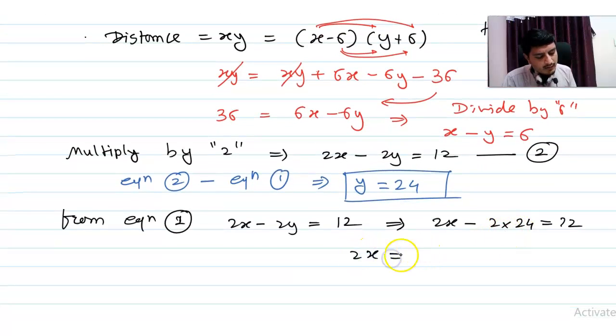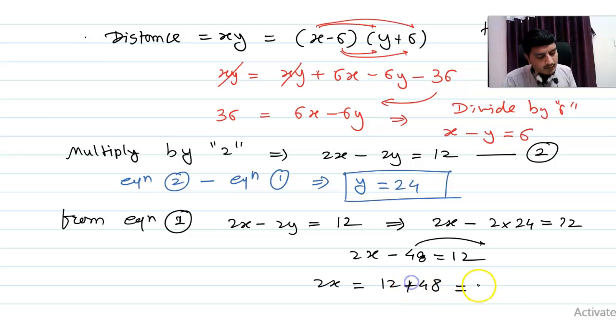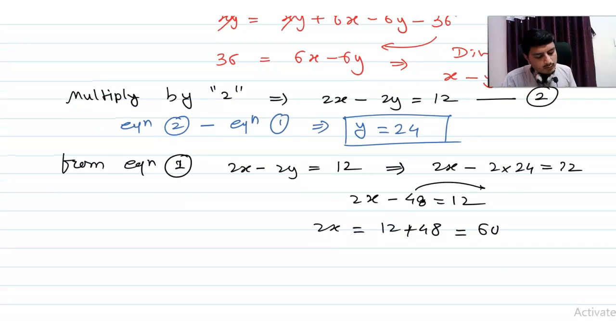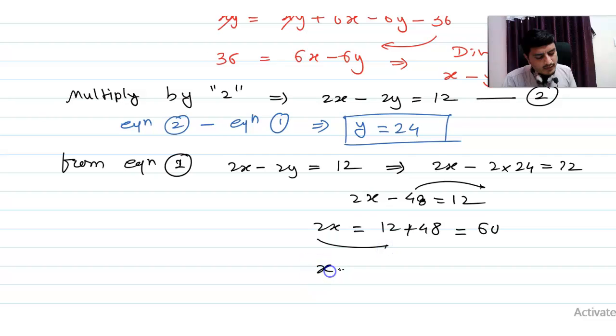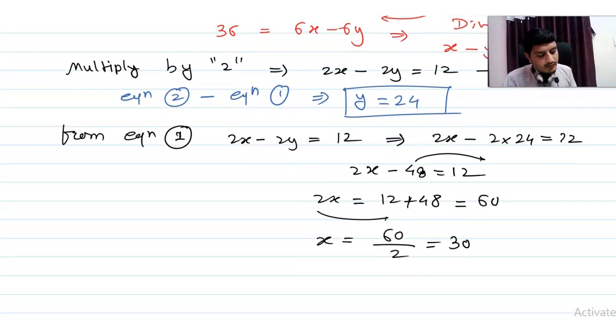So 2x minus 48 equals 12. Shift that 48 from LHS to RHS. 2x equals 12 plus 48, we get 60. Now to evaluate x, shift the 2 from LHS to RHS. 2 is a multiplier, after shifting it becomes a divisor to 60. 60 divided by 2, we get 30.